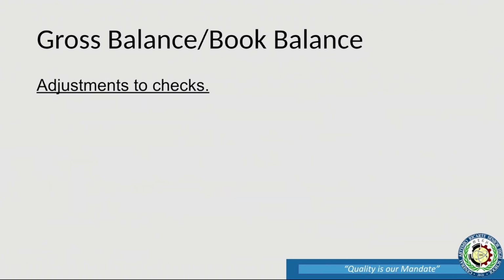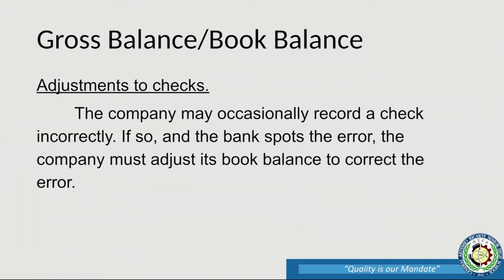And the next is adjustment to checks. Companies may occasionally record a check incorrectly. If so, and the bank spots the error, the company must adjust its book balance to correct the error. Adjustment to checks is needed when the company has an error on the check issued to the clients or pays the wrong amount to the client.